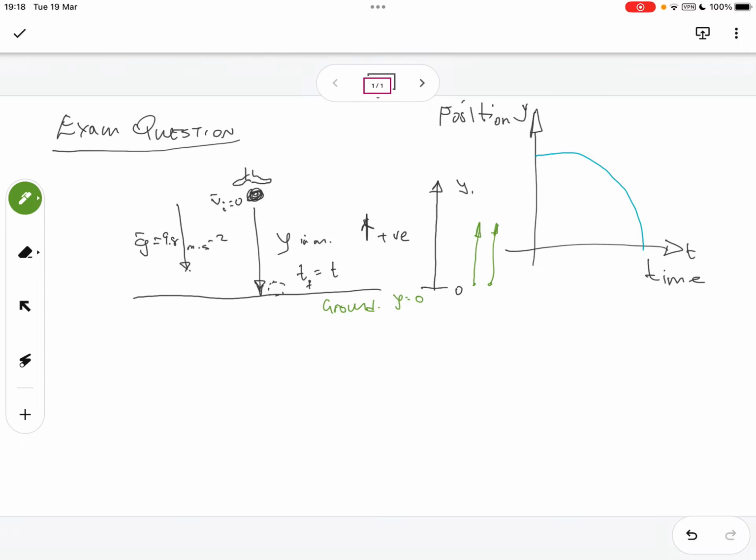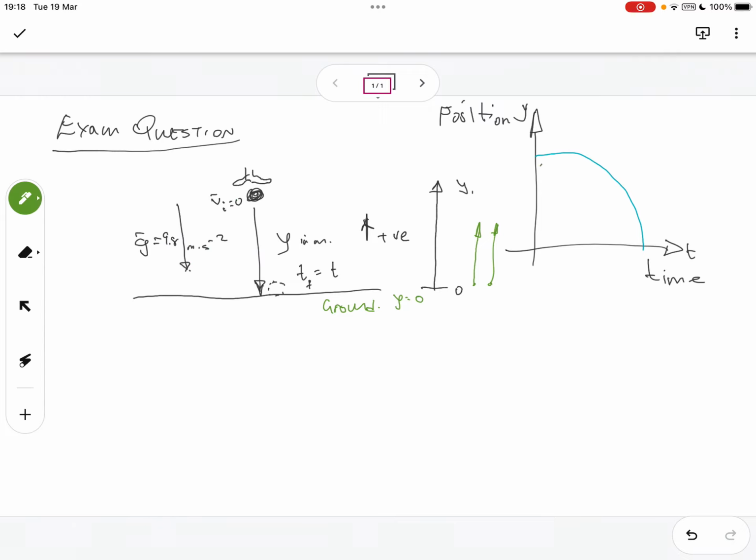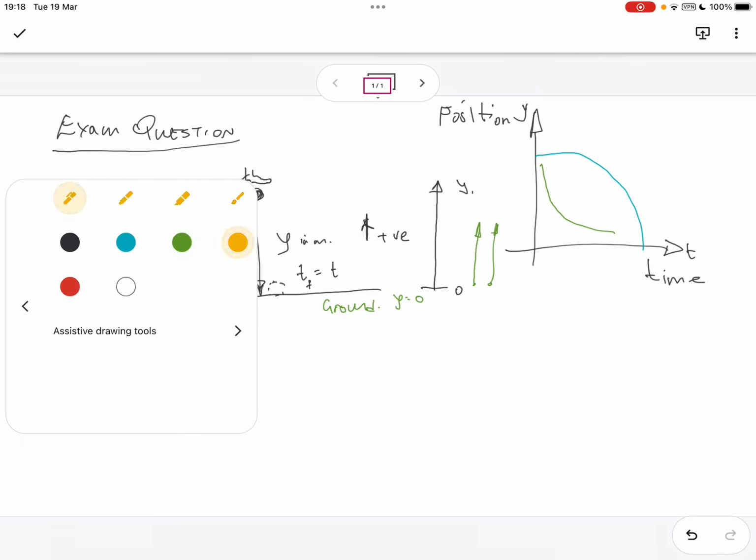You get? So any one of the graphs of the 4 graphs where the position goes from y to 0 might be correct. And now that's 3 graphs. Right? It's this one, it's that one, and it's the straight line.